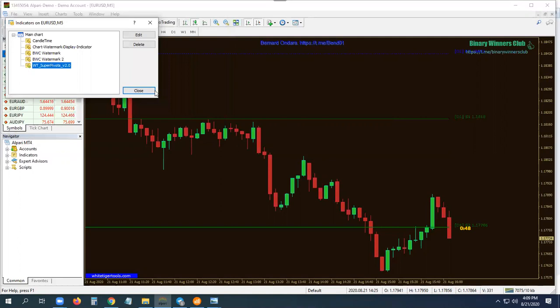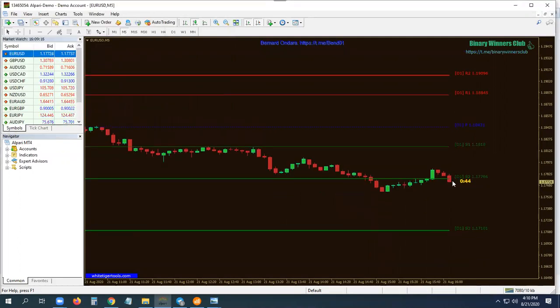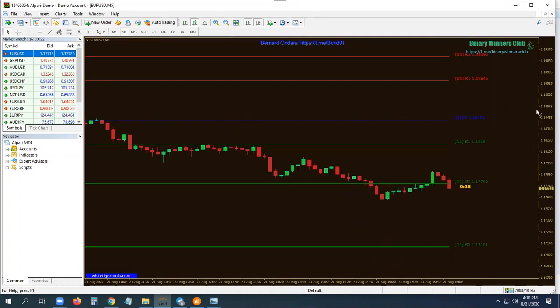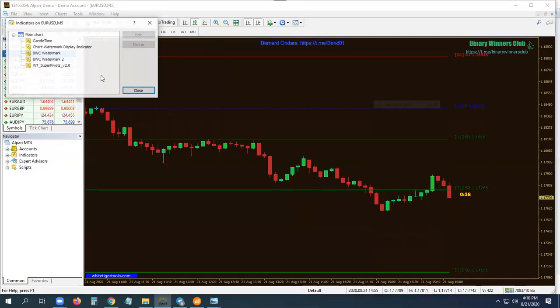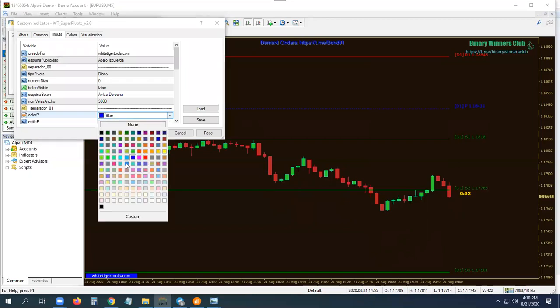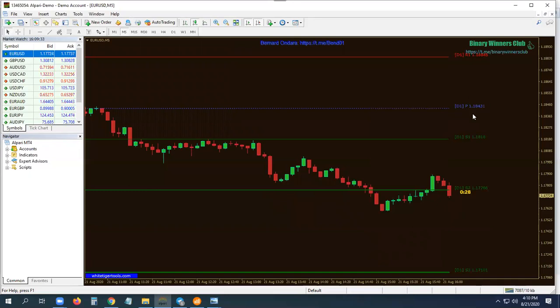Now, on my chart, what you see here, at the center, this is the pivot point, PP. I don't know whether that P is very clear. Maybe I can change it to some different color so that you can clearly see it. That is the pivot point, using daily charts.